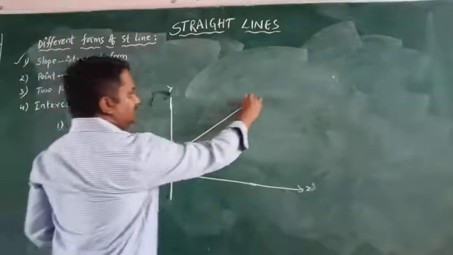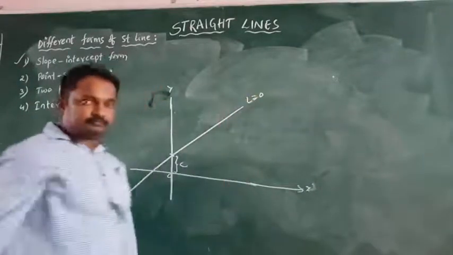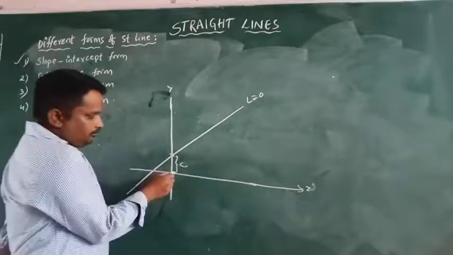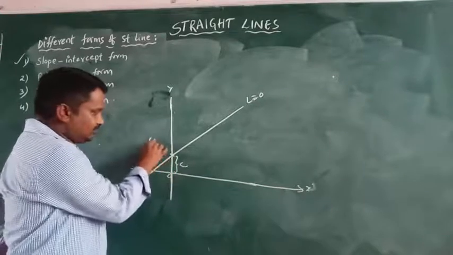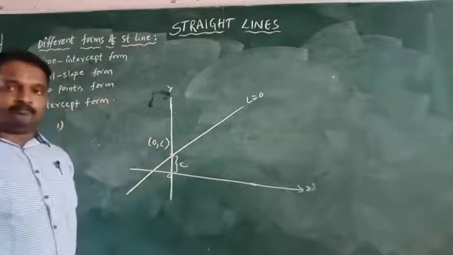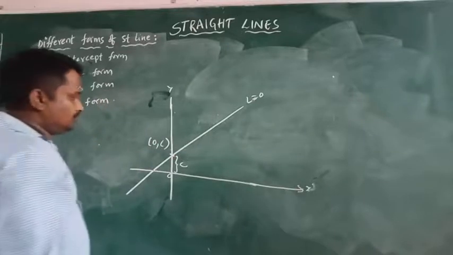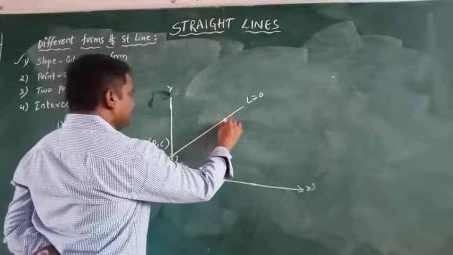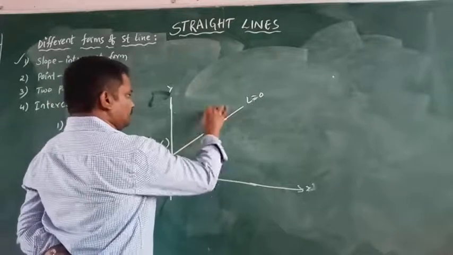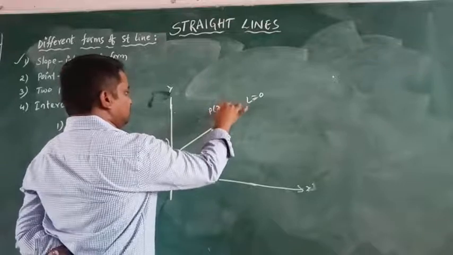This is the line L equals 0. By plotting the points, we know this is the point 0 comma c. I am taking one point here, P(x, y).